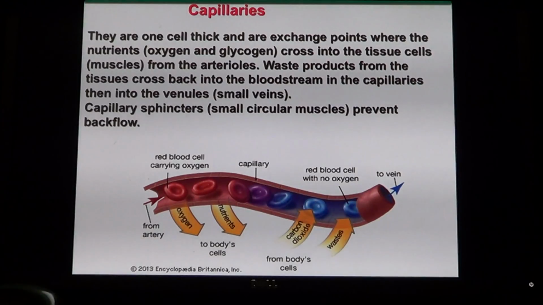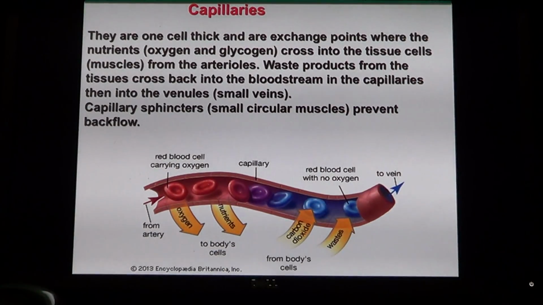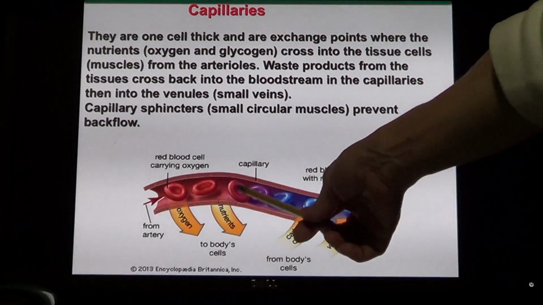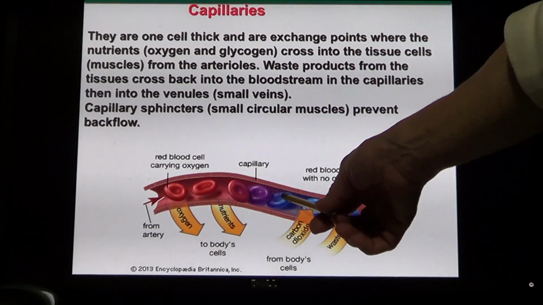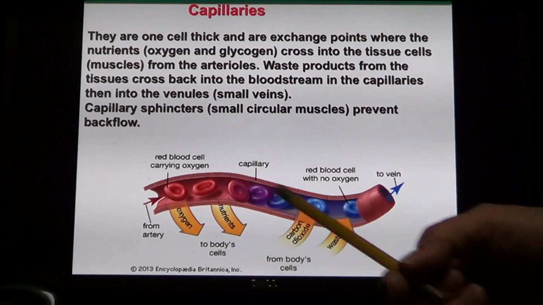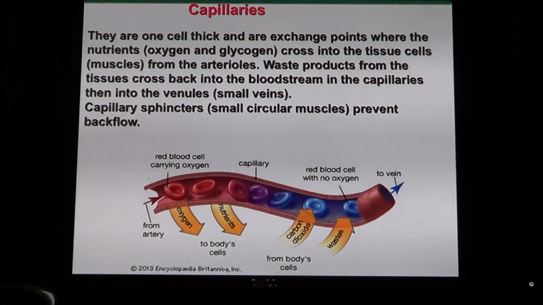This is a capillary, and it's shown how oxygenated erythrocytes come to the arterial part, and we'll get back to veins again. Then gas exchange happens here, and then carbon dioxide joins the erythrocyte on the venous portion.